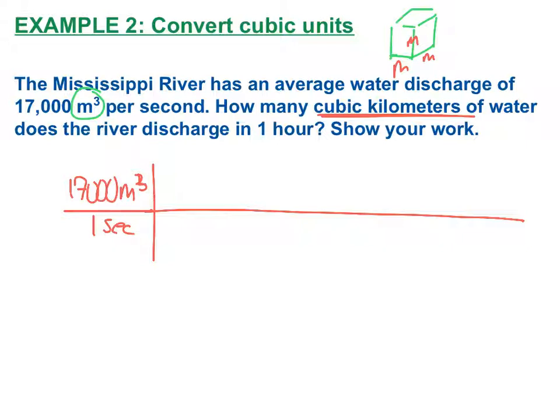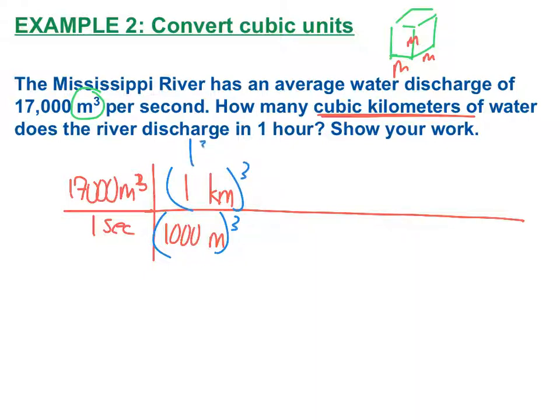Let's get rid of the meters cubed first. We know that meters need to go diagonal, and meters can go straight to kilometers. It's 1,000 meters to 1 kilometer, but we have to cube that.